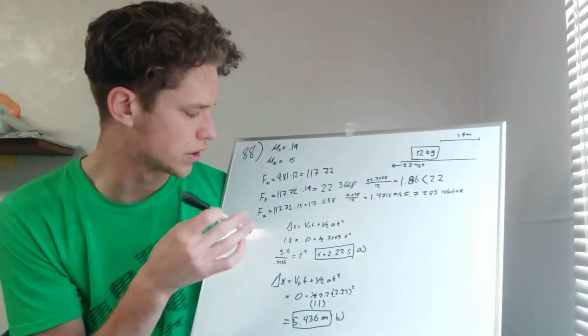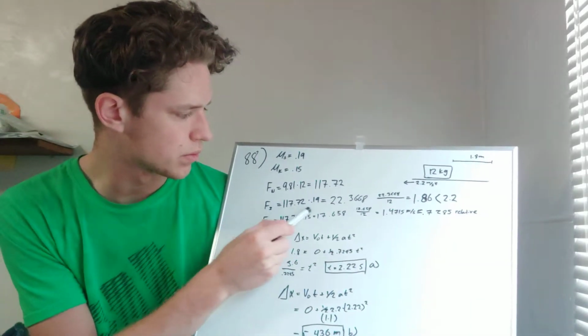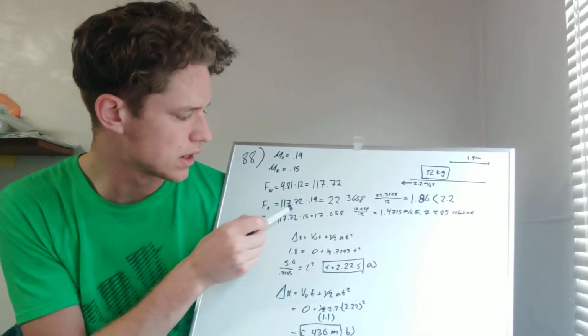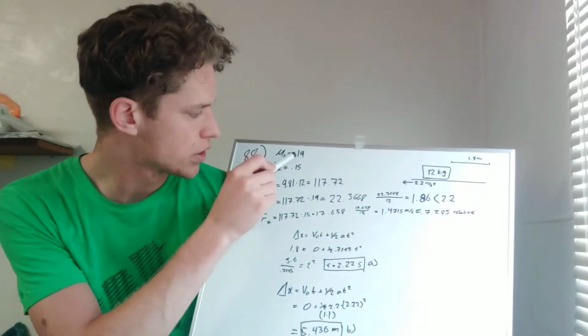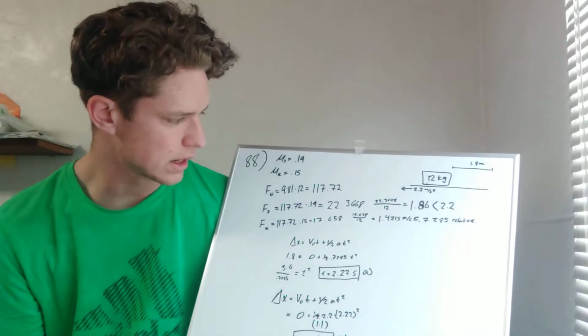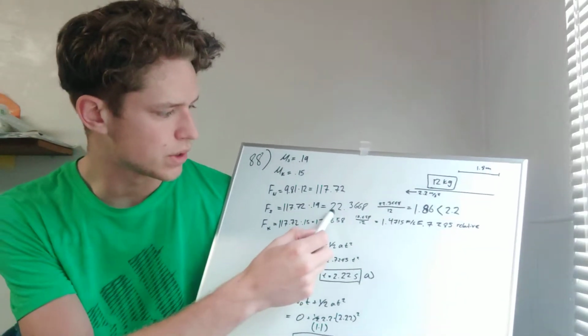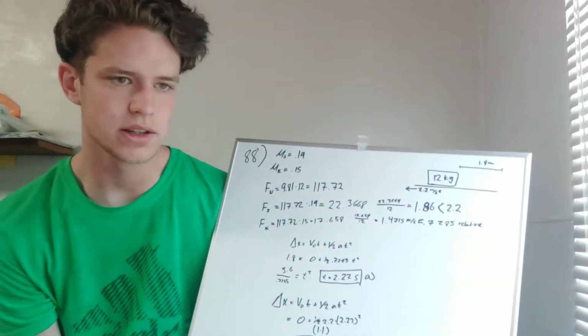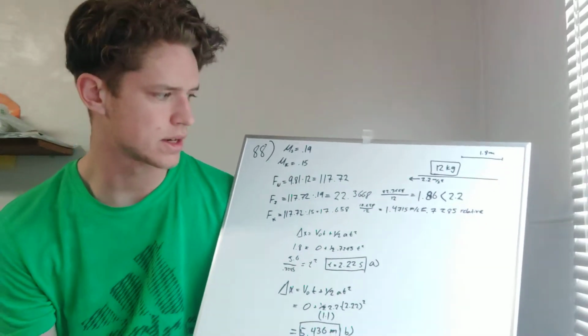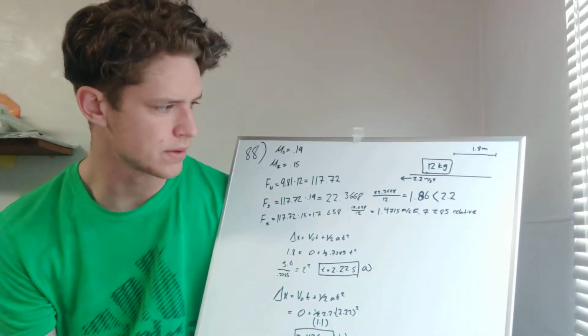For static friction, you have your normal force, 117.72 that we just got, times your coefficient of friction, 0.19, and that equals 22.3668 newtons of static friction.